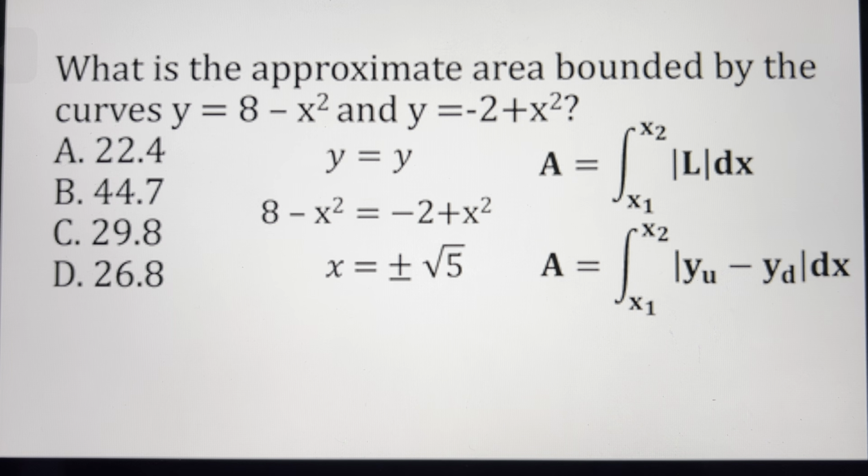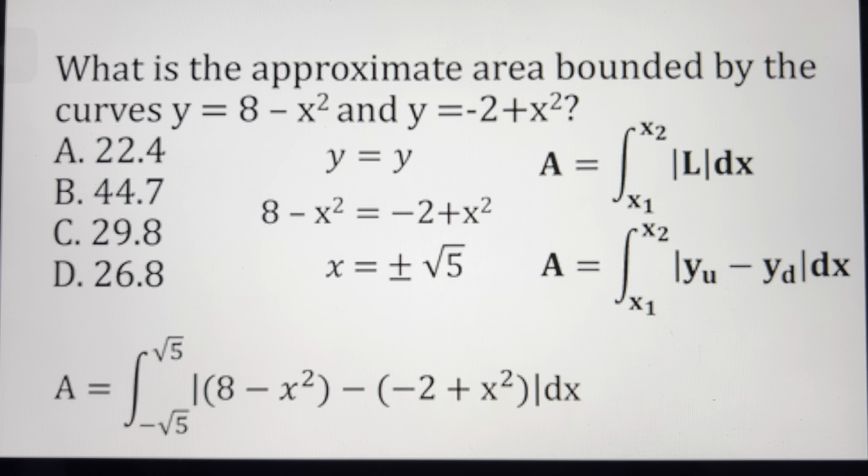So our L will be y up minus y down, and then x1 and x2 are the limits. Let's say y up is our first function, 8 minus x squared, and y down is negative 2 plus x squared, from negative square root of 5 to positive square root of 5. Area in our calculator will be 29.8 square units.